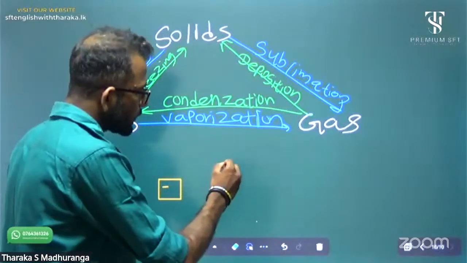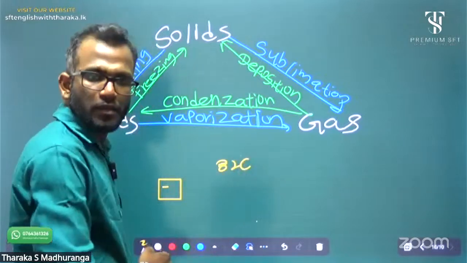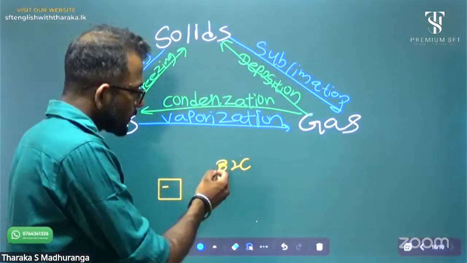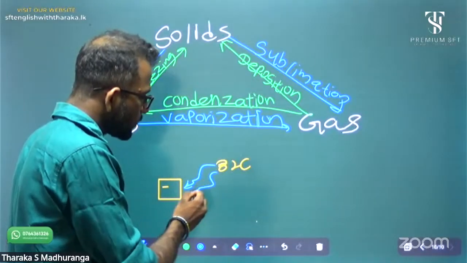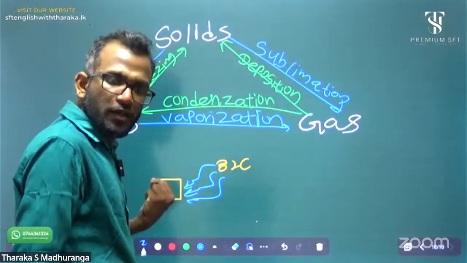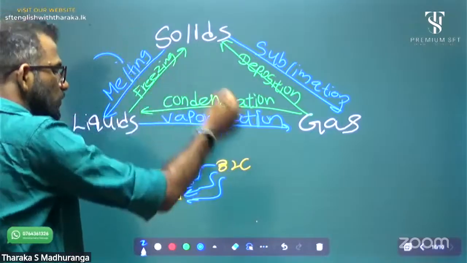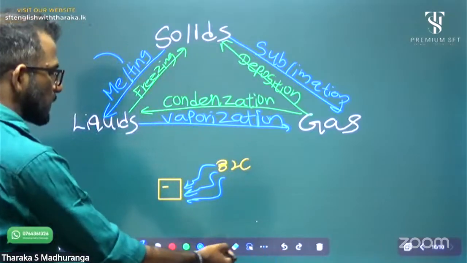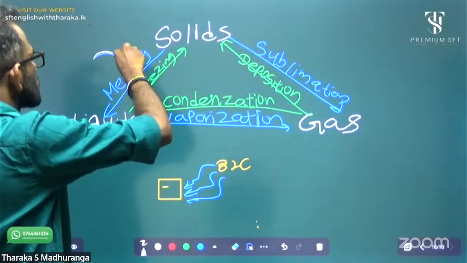But the outer temperature is 32. What happened? Heat always transfers from higher to lower. Then the ice cube is absorbing. It's endo. Remember, endo.